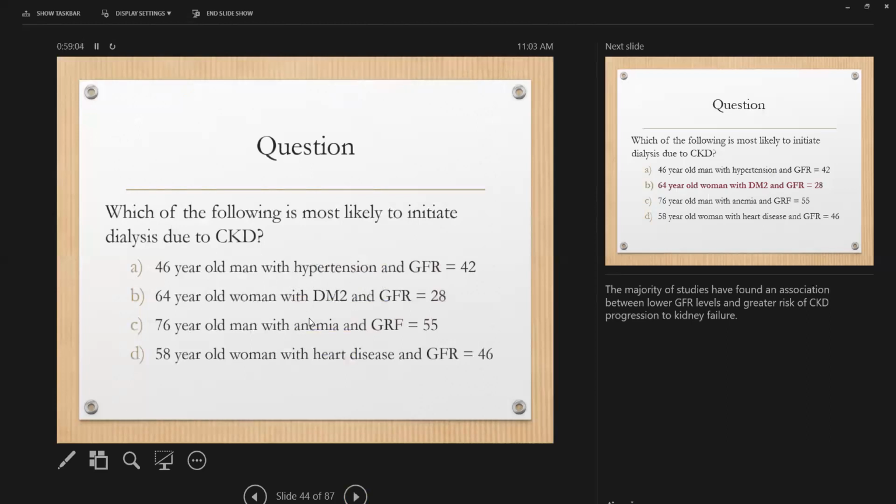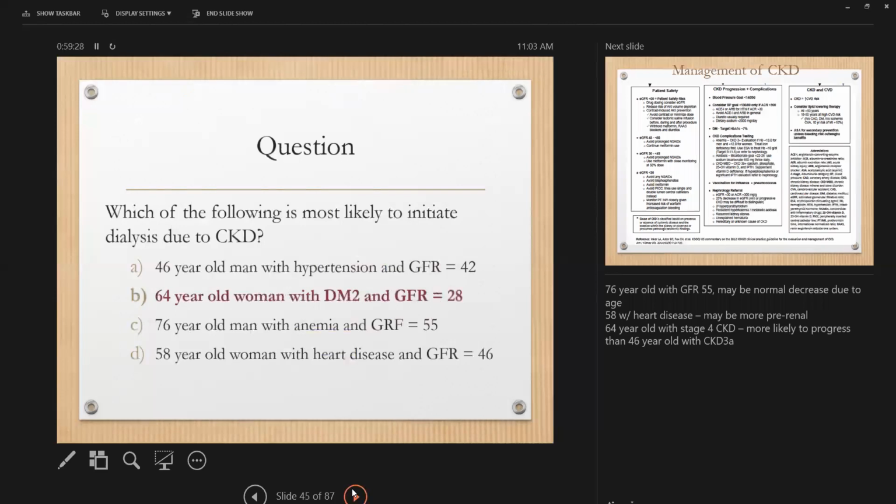And diabetes, we know could be a bad thing, right? So would these two be like a washout? No, because of the GFR. Your GFR is your key here. We're in trouble. This person, she's going to get uremia and she's going to die. So good job. And your answer is correct.